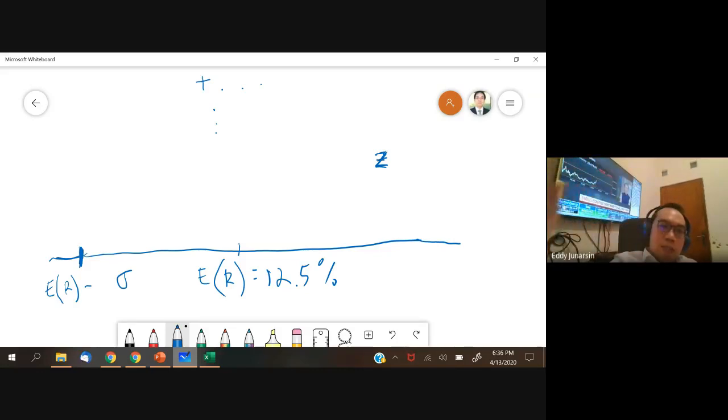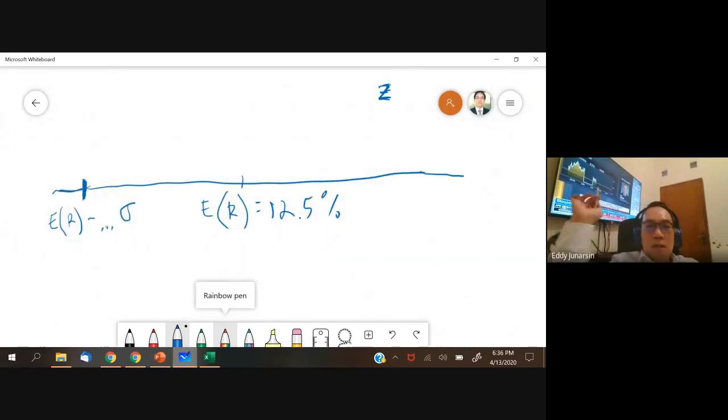Because this has statistical properties, we need the coefficient on the sigma. Of course, you don't need to memorize anything because now you have Excel. If you want the confidence interval of 90% or 95%, what is the Z value? You can do it easily with the NORMDIST function in Excel, or you can find your tables. So we need a coefficient on the sigma to represent the confidence interval.